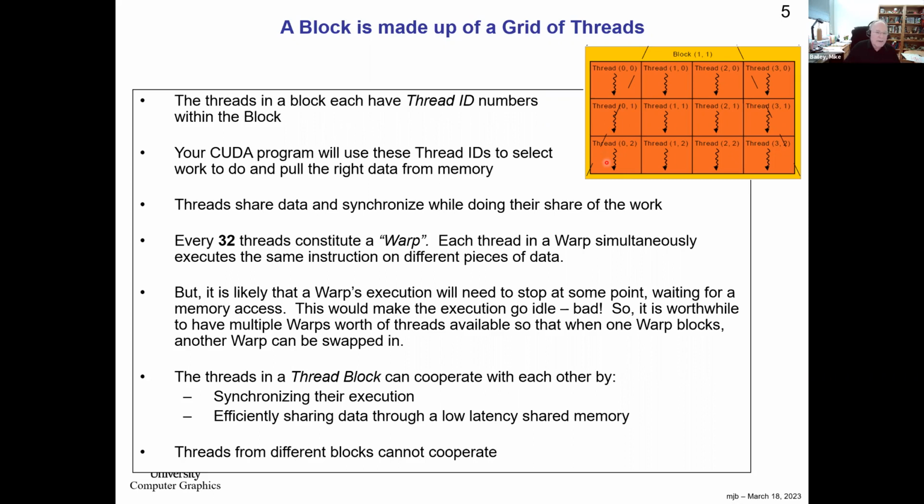Because if the instruction that a warp is executing needs to stop, like say it needs to go out to memory and bring something back, what the GPU is capable of doing is pulling that group of 32 out and replacing it with another group of 32 so that it's got plenty to do while the first group of 32 is waiting. So we typically don't just use 32, we do 64 or 96 or 128 or something like that. And I'll show you an example of where we can play with that.